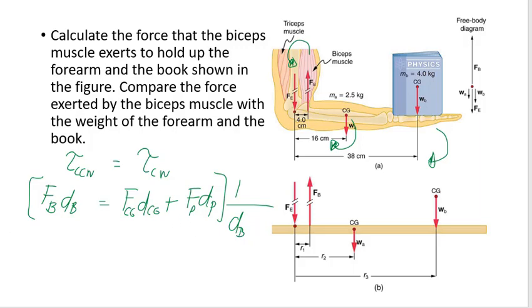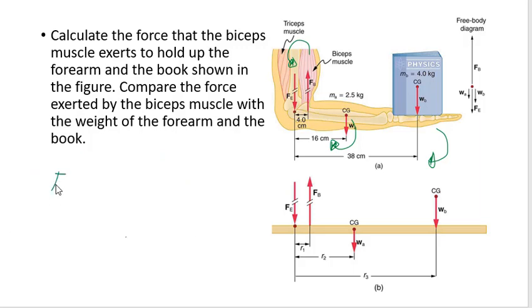So let's substitute now. Look, we have here force of the biceps is equivalent to the force of the CG, that's 2.5 times 9.8 times the distance, which is 0.16, plus 4 kilograms times 9.8 times the distance, which is 0.38 in meters.